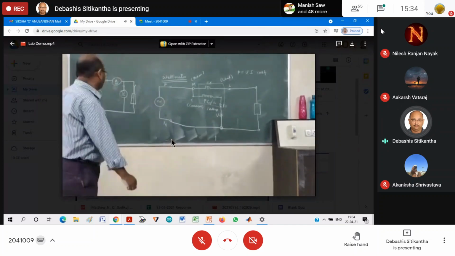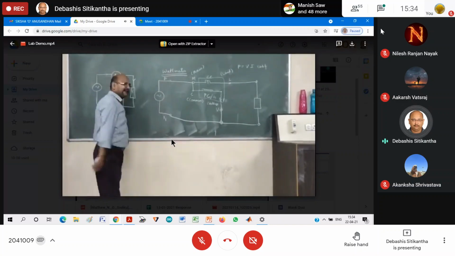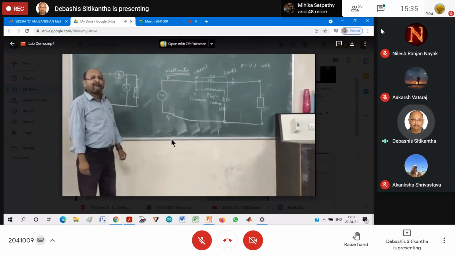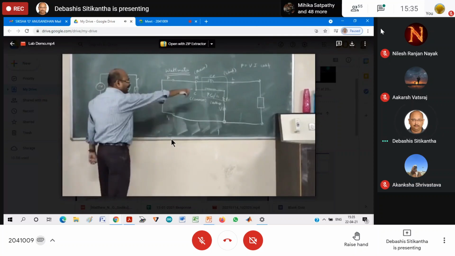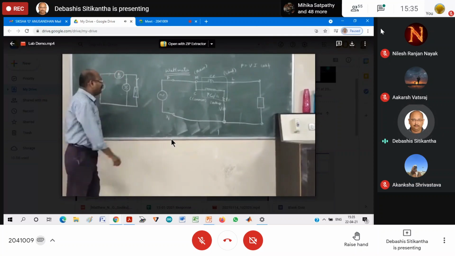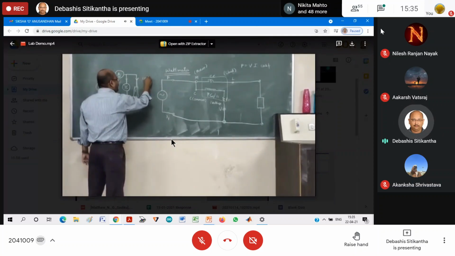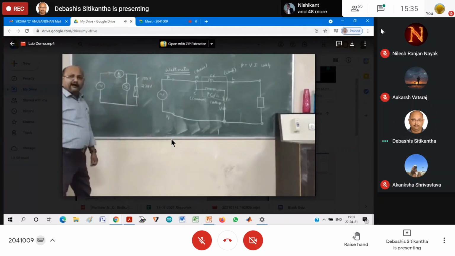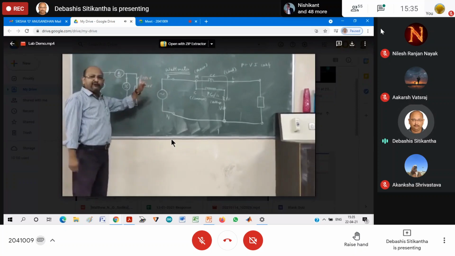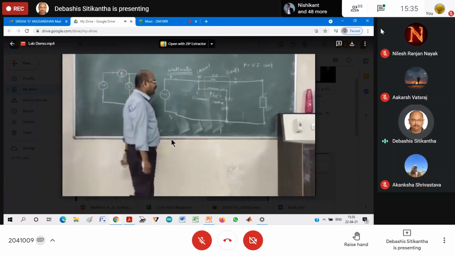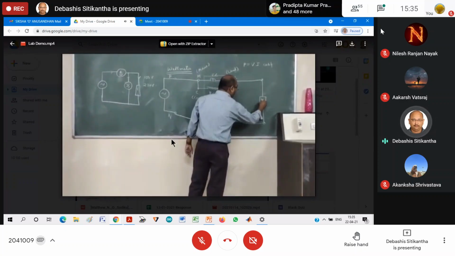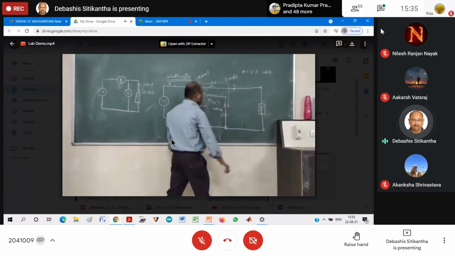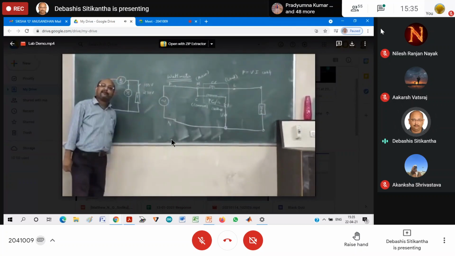Because suppose I am conducting one experiment to find the power consumed by that particular load at a voltage of 100 volt and 230 volt. I have been asked to find out the power consumed by this particular load at a 100 volt AC supply.